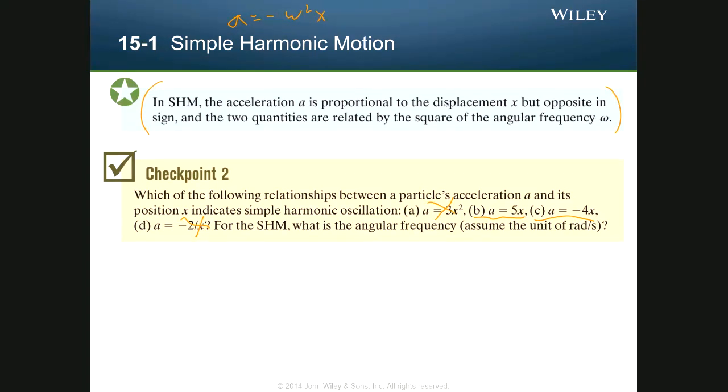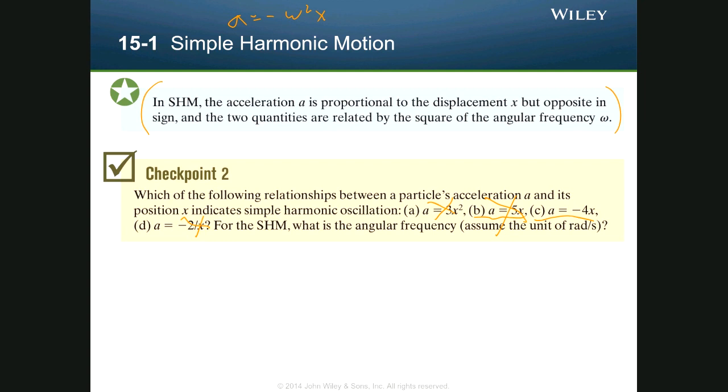The sign, very good. You have to have the opposite direction in order for it to go back and forth and have that periodicity. If there's no minus sign, it's just going to keep going faster and faster and faster with position. So B is not correct either. Only C will give us the simple harmonic motion. Okay?